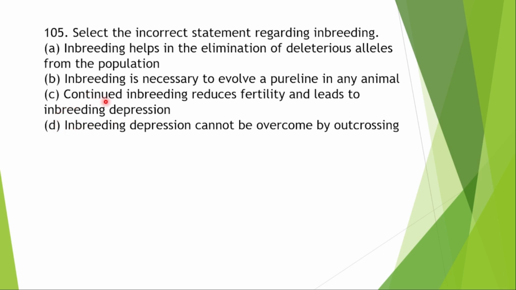And then C. Continued inbreeding reduces fertility and leads to inbreeding depression, whereas D. Inbreeding depression cannot be overcome by outcrossing.